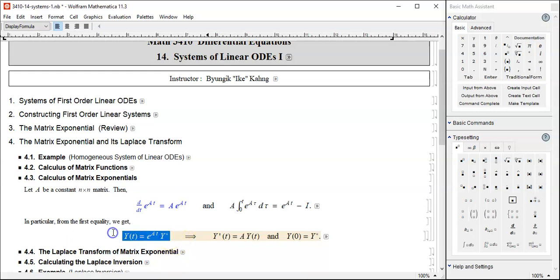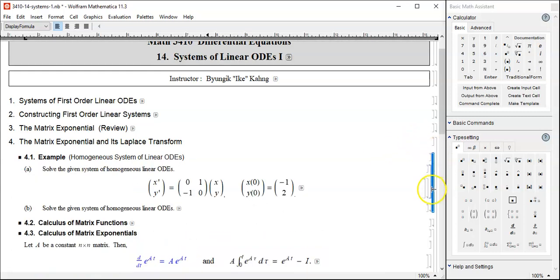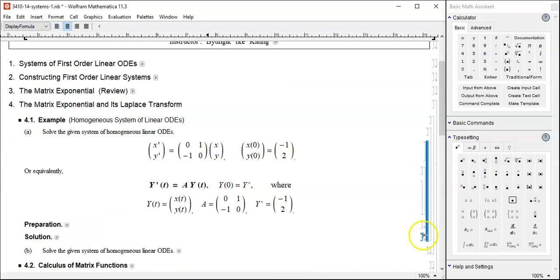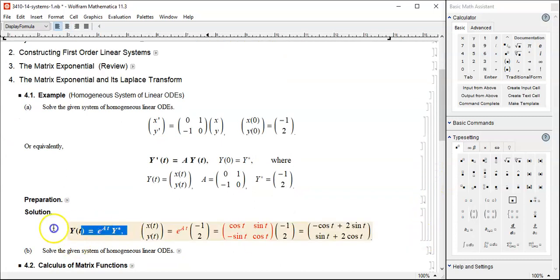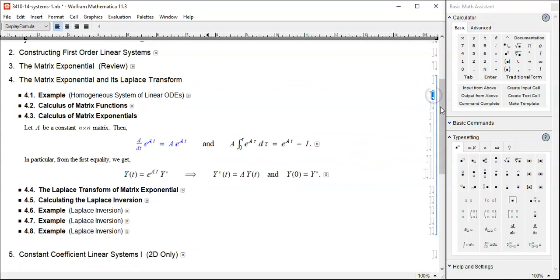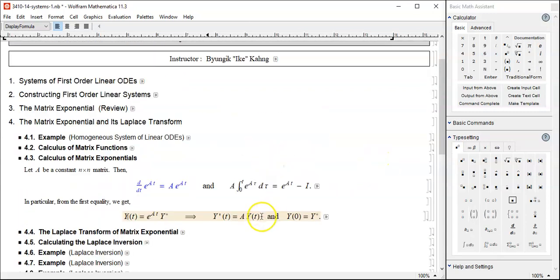And this is the same formula that you used right here in this motivation example problem. You see, the same formula we used. Under this formula, it turns out that this y of t satisfies the ODE and also the IC.